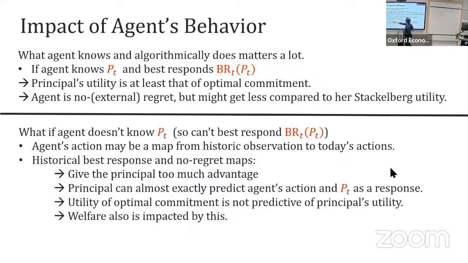It could give the principal too much advantage, in fact, because the principal can predict where the agent is going to go if the agent has a very small step size, sorry. And then it can abuse that situation. It's also possible that the principal can't get its Stackelberg utility anyway because the agent is just super unstable in terms of how it's acting. So what happens is that essentially the theory of commitment becomes not very predictive when you think about the algorithms that the agents might be using.